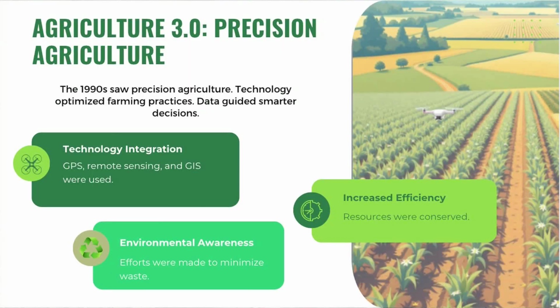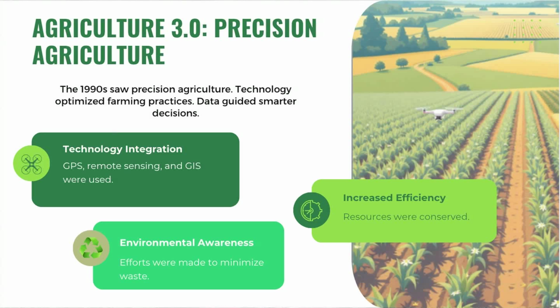So next is agriculture 3.0, and this era is known as the era of precision agriculture, and it was during the 1990s. The 1990s witnessed the advent of precision agriculture, in which technological tools began to play a pivotal role in optimizing farming practices.